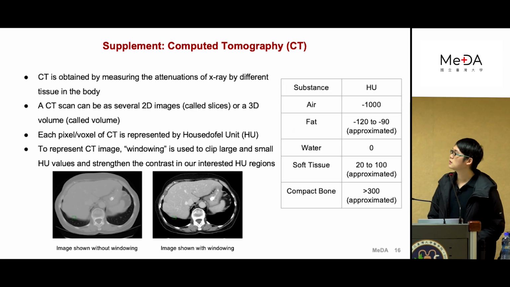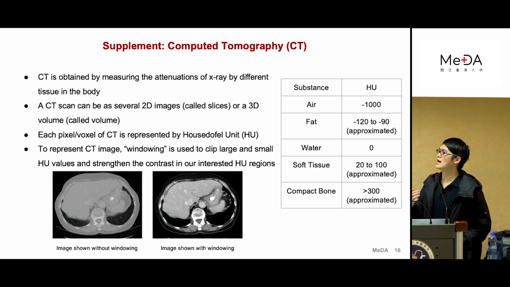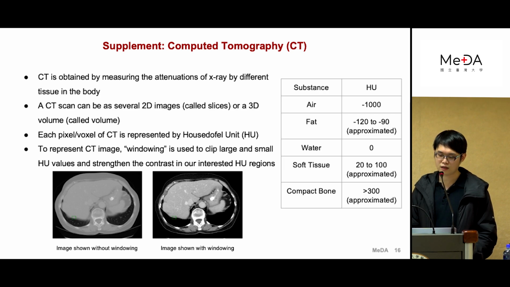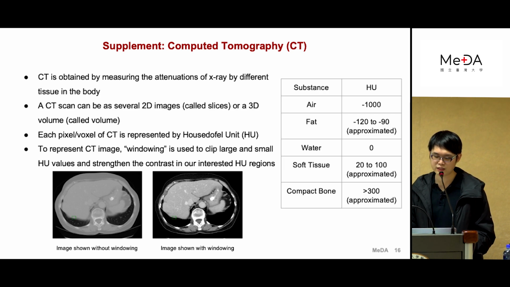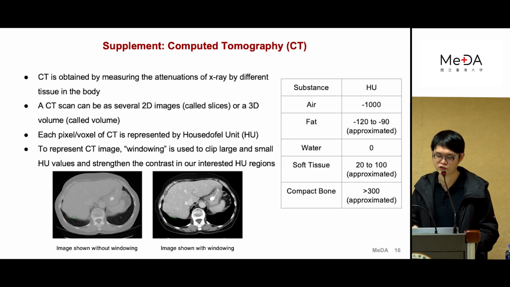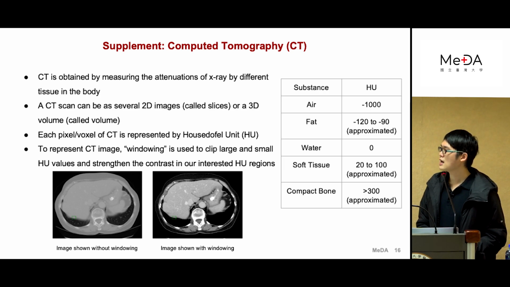Okay, before everything starts, I think we can go through some introduction about CT here, because later we will use CT as our example image. CT is the abbreviation of computed tomography. It is obtained by measuring the attenuation of X-rays by different tissues in the body. So every pixel in this image can represent a kind of substance.